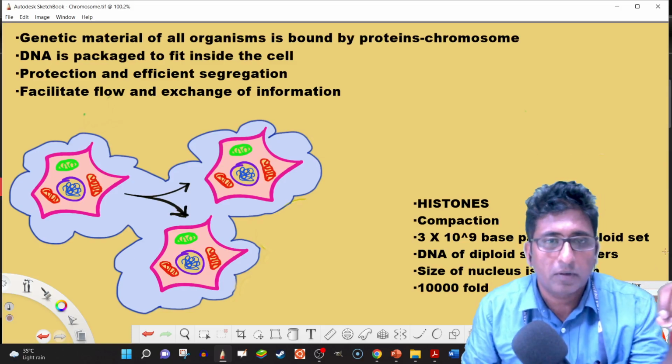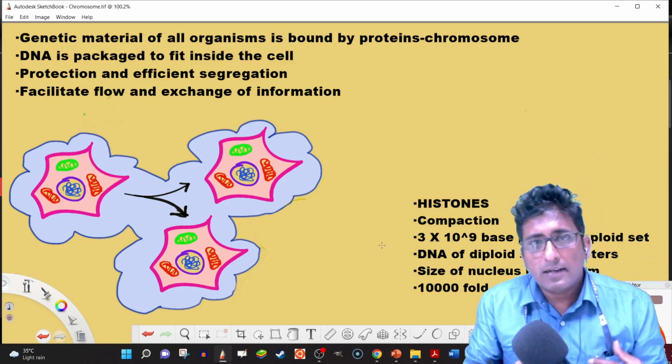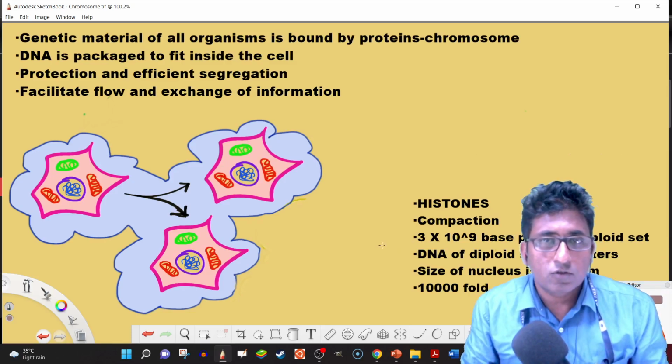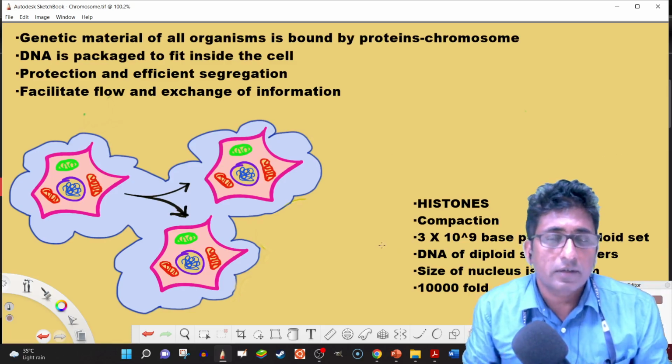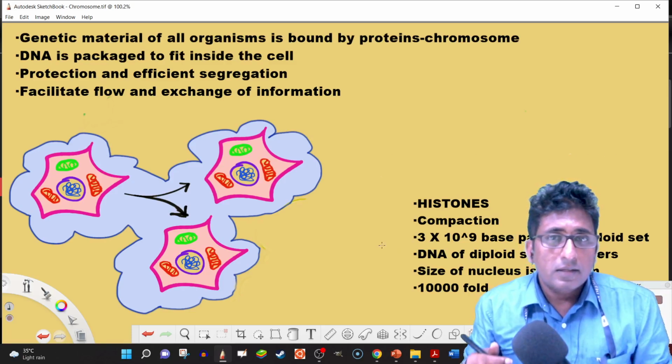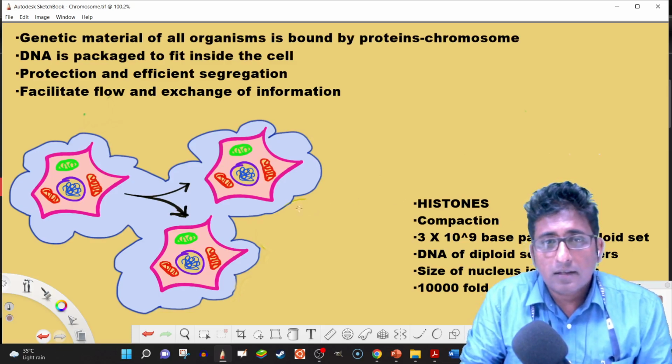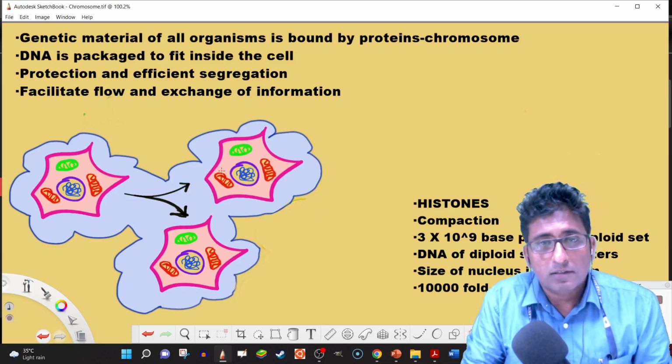One of the important points that we should remember is that the cell itself is the physical manifestation of the genetic information it has. And the second point is the cell has to give rise to new cells, such as these daughter cells here.